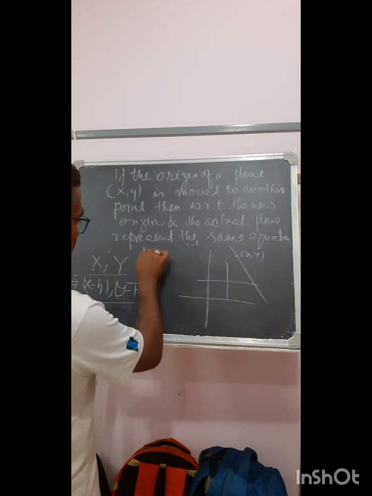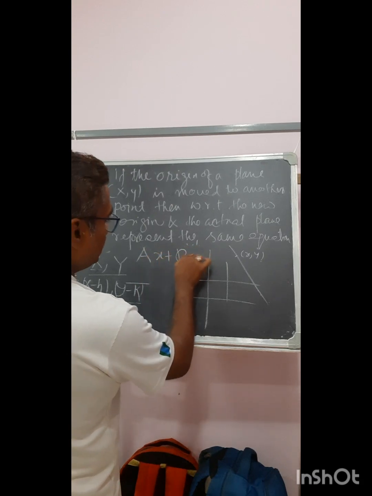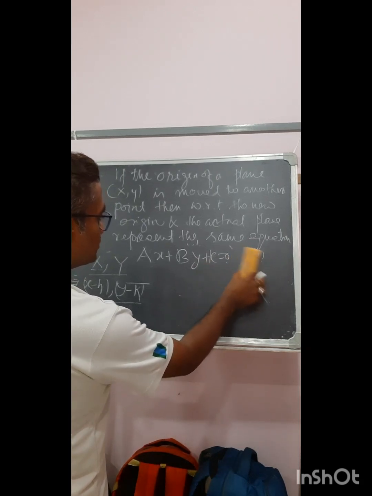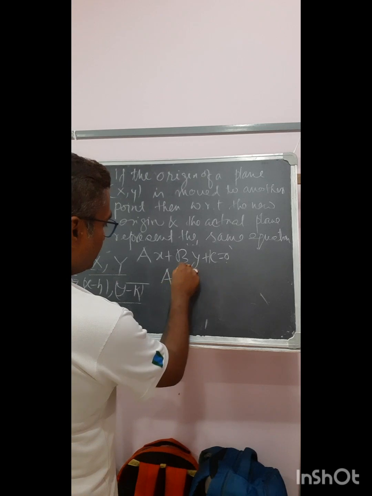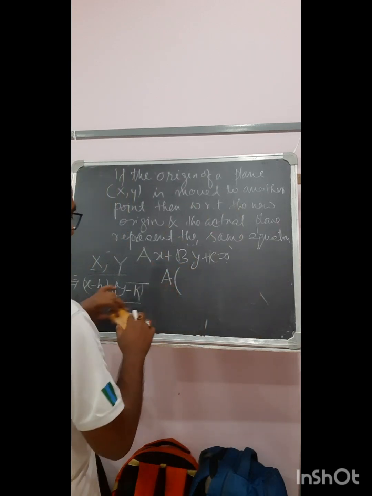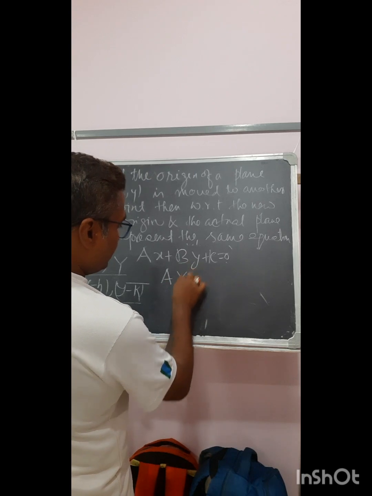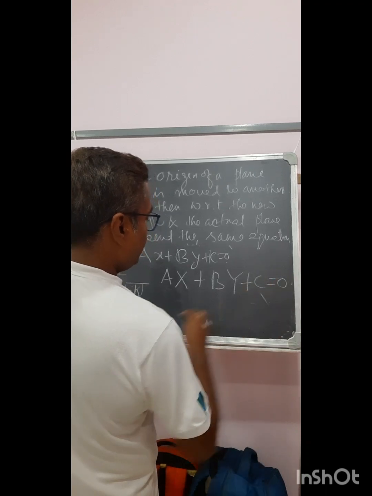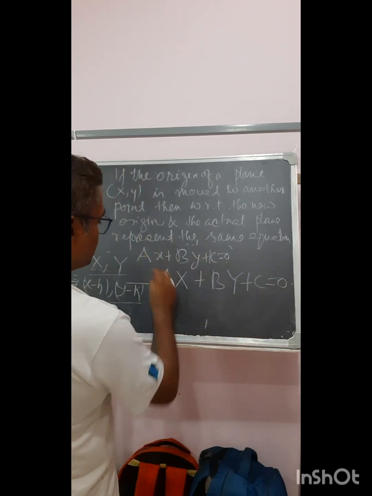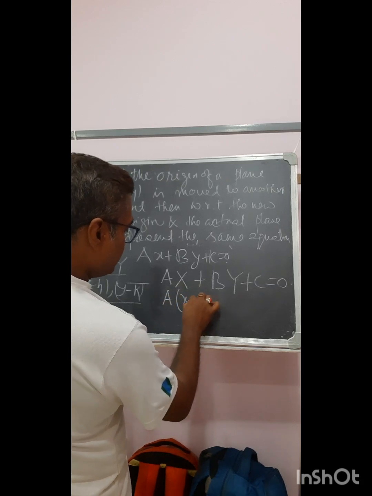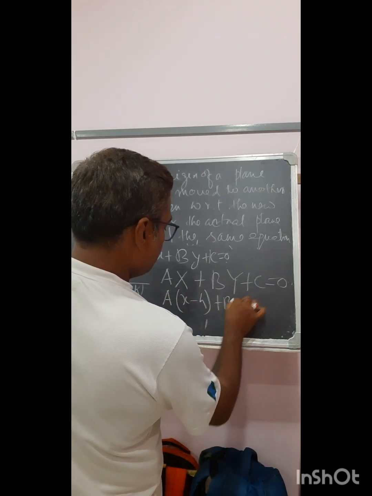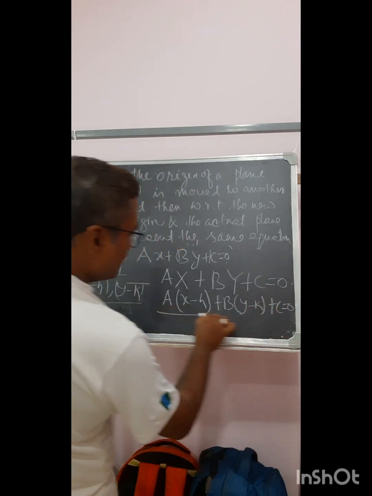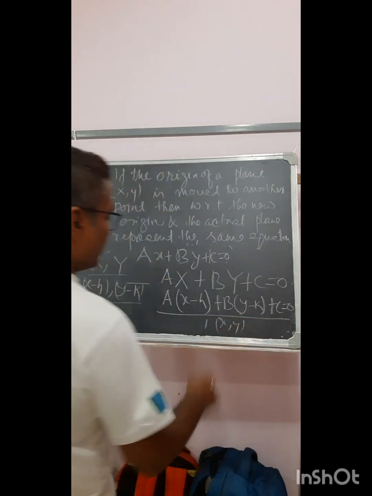So the equation ax plus by plus c equal to 0 can be written, in place of x and y, as aX plus bY plus c equal to 0 in the shifted system, and if I convert into the actual one, it will be a(x minus h) plus b(y minus k) plus c is equal to 0 as per the actual xy coordinate plane.